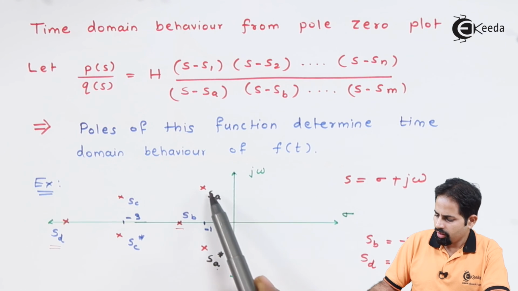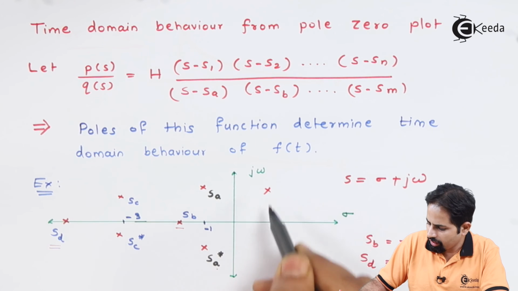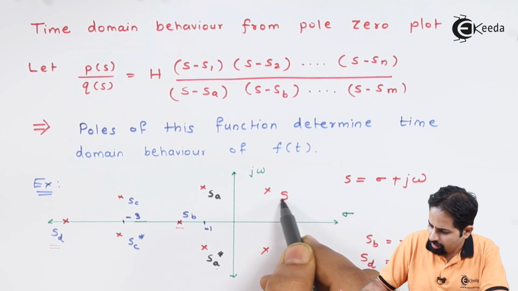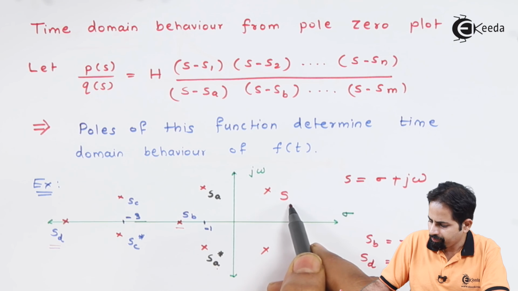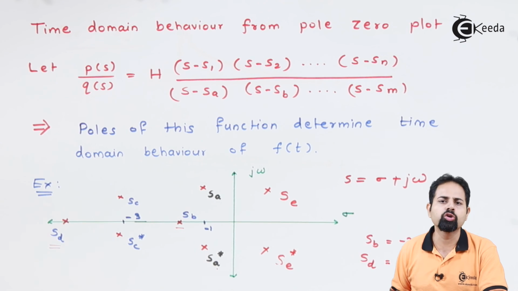Suppose this SA and SA conjugate pair was here. Just assume that here there is a pair, let us say SE and SE conjugate.